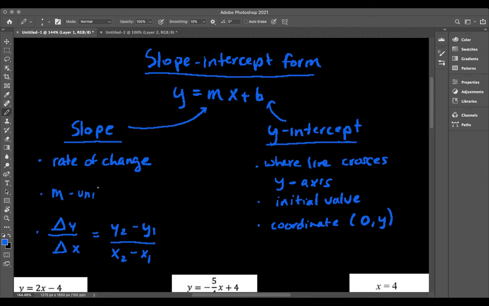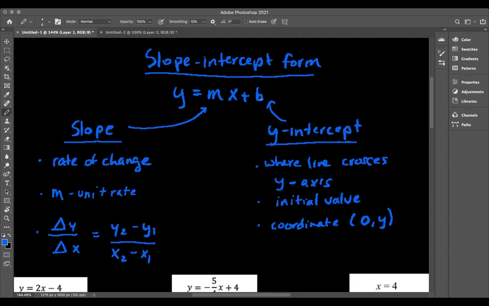It is also the change in y over the change in x, so you can use the equation (y2 - y1) over (x2 - x1). These y2 and y1 are the coordinate points for each point, and that will help you find the slope.